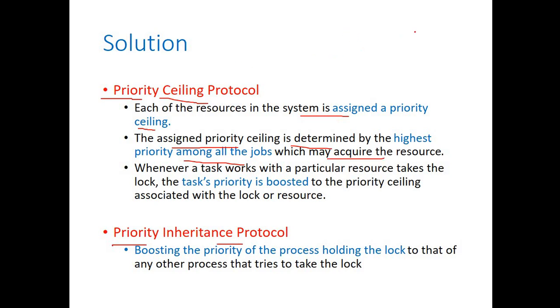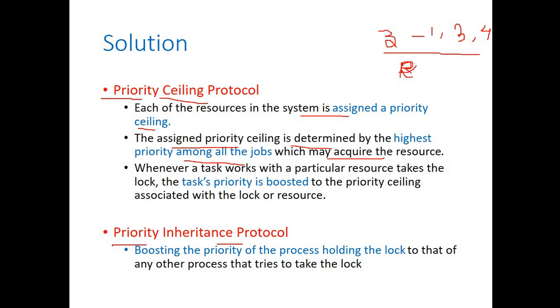For example, there are three processes that access a particular resource, and the priorities of the three processes may be 1, 3, 4. Assume 1, 3, 4. So the resource R is required by all the three processes whose priorities are 1, 3, 4 respectively.